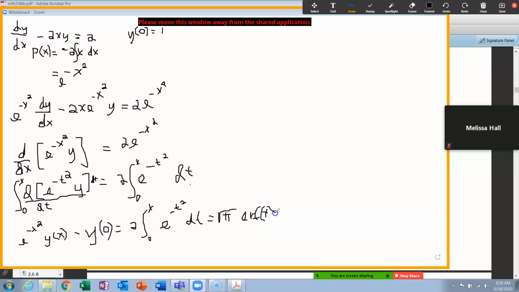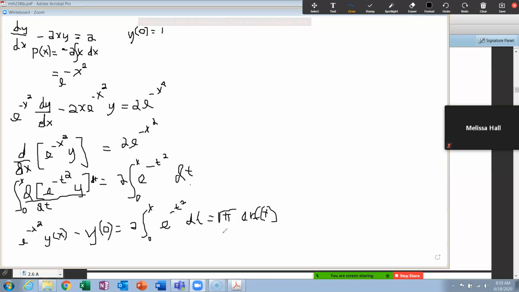Pretty ugly. Okay. Now, that's what this thing is from what we looked at before. Okay? Now, I don't know why they carry it around and carry it around, but they do. It's just so much easier for me to write that as root pi times the error function.